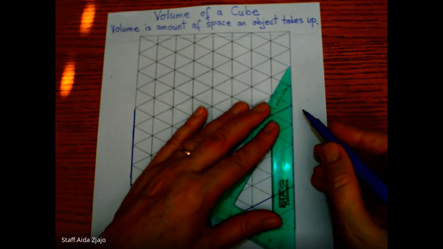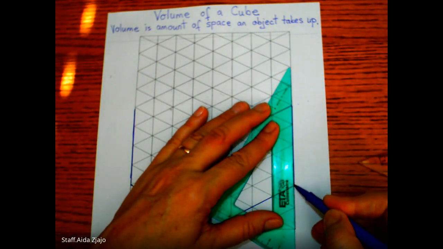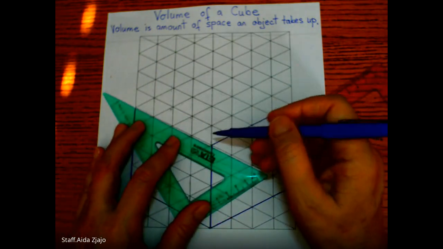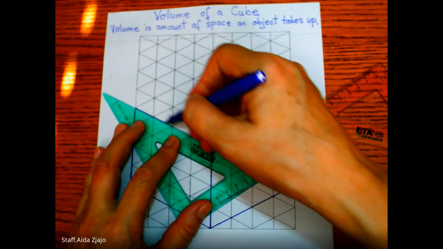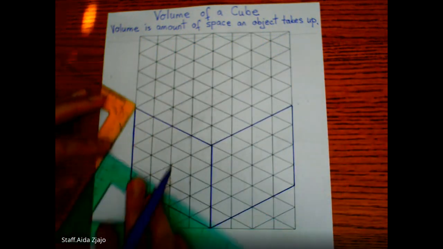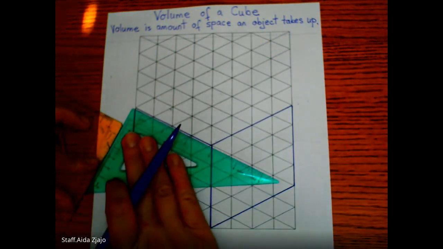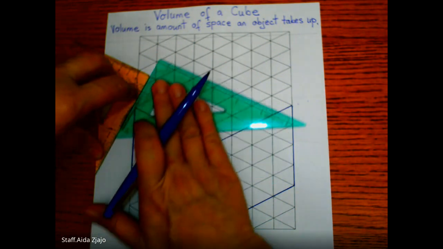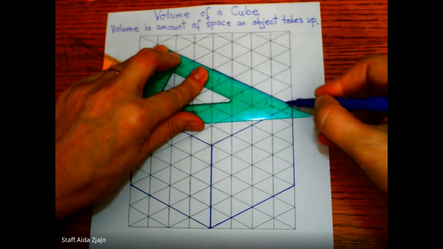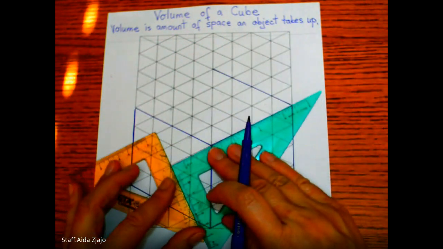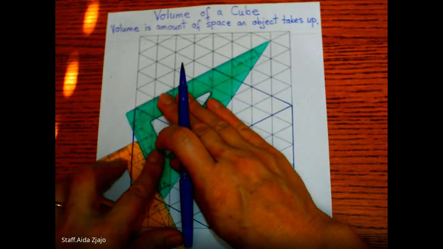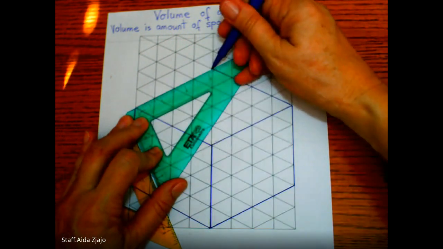And as well, the lines behind, so we see that we are creating our cube. If I take that line, it can be parallel to the length, and then again this will be my length that is parallel, and then the last edge that we can see is parallel to our width.